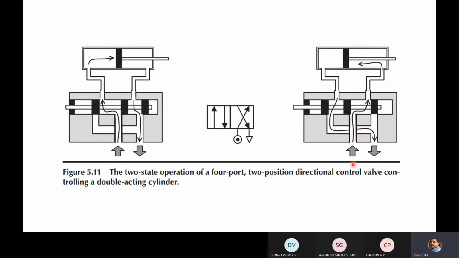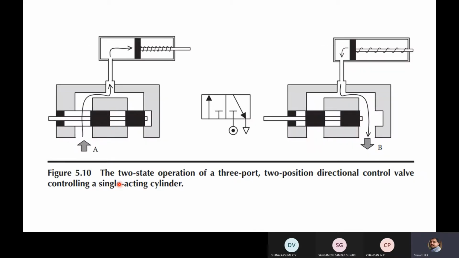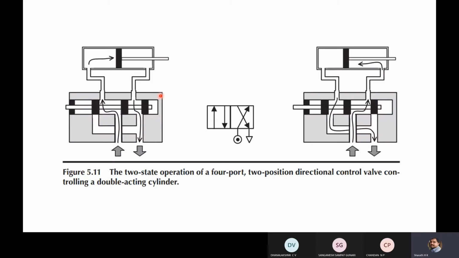Next, the two-state operation of a 4-port 2-position direction control valve controlling a double-acting cylinder. Previous one was single-acting cylinder. Now it is a double-acting cylinder, and it is having 4 ports and 2 positions. This is one port, this is another, this is another port, this 1, 2, 3, 4. These are the 4 ports.